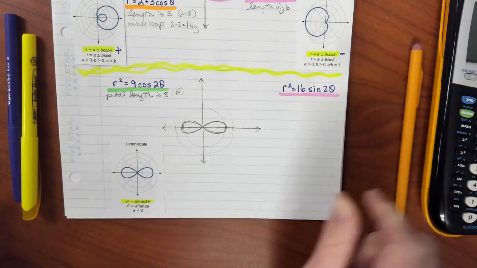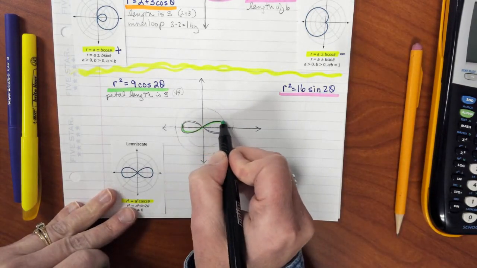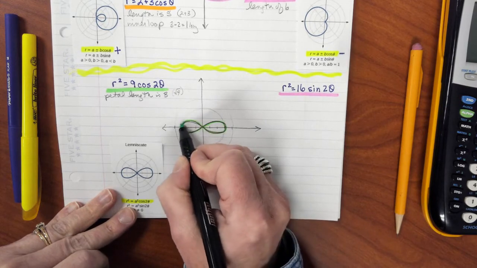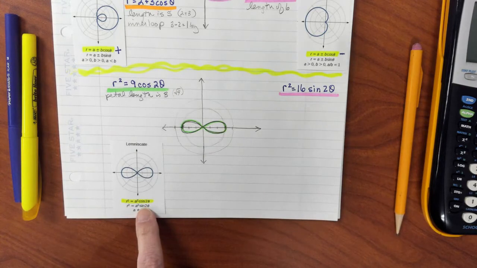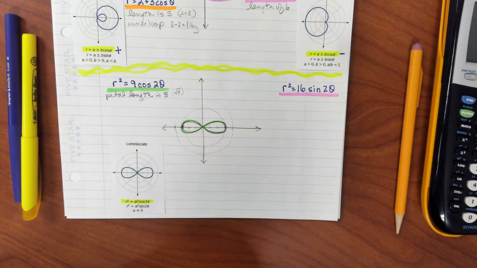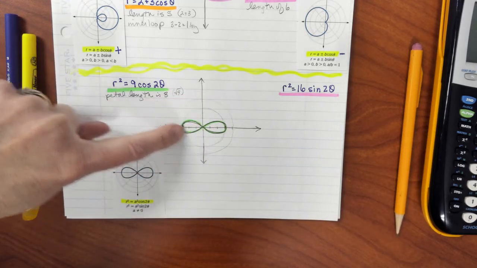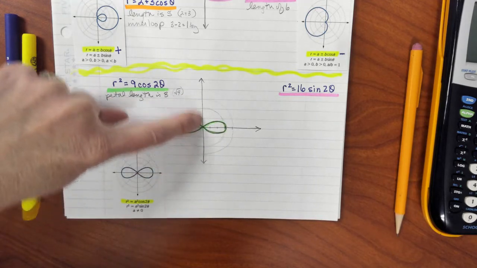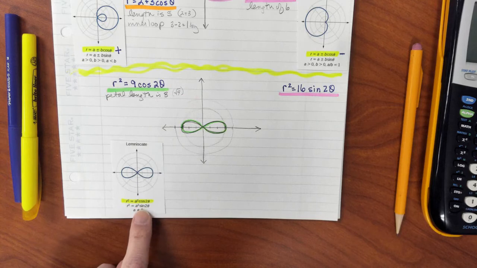All right, I'm going to make that in green. Now, if you imagine it was the sine equation, it would not be on this axis, but maybe it would be on the vertical axis. Okay, but it would be perfectly either horizontal or vertical, depending upon the sine or the cosine.